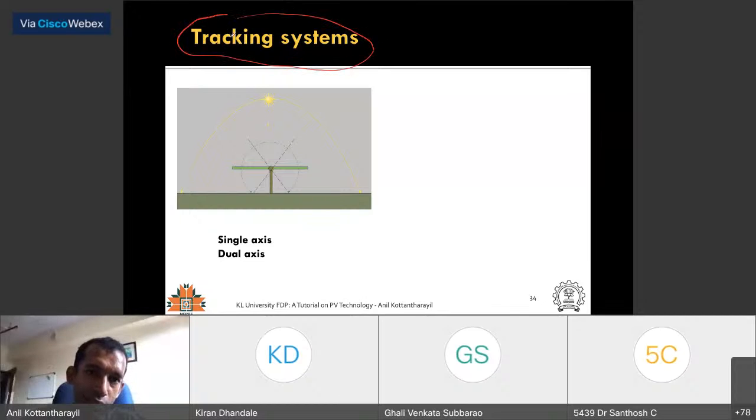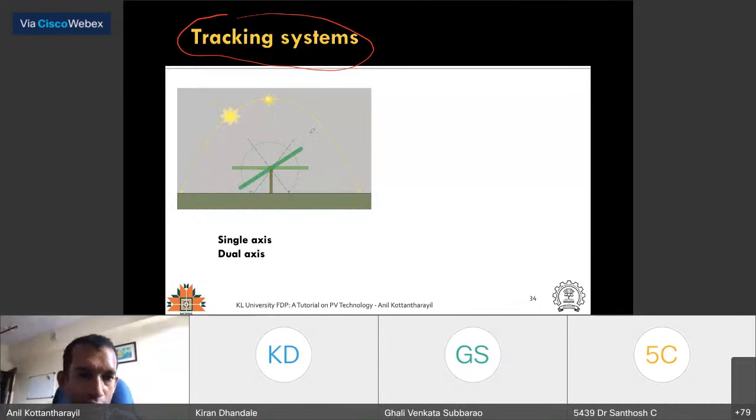Now, another system that is being used is tracking. So what does it mean? This is my photovoltaic module, for example. It is fixed, but the sun is moving like this, right? Morning to evening. This is your east, and then it goes like this, east to west. So in a tracking system, you actually rotate this module so that it is always facing the sun.